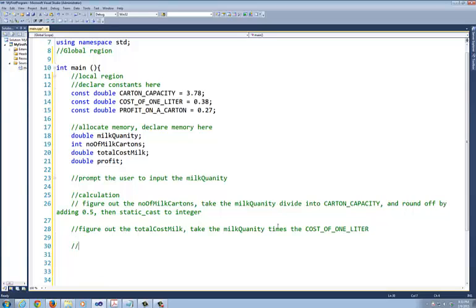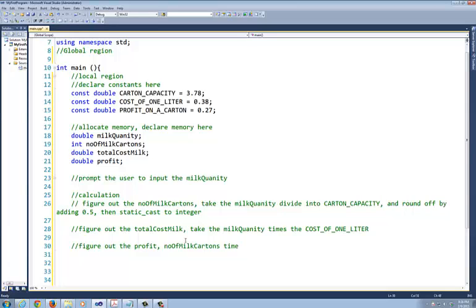Now, you have to figure out the profit. So the profit is what? You take the total number of cartons that you have, right? This right here. You times what?